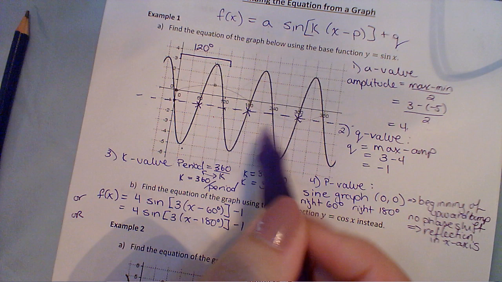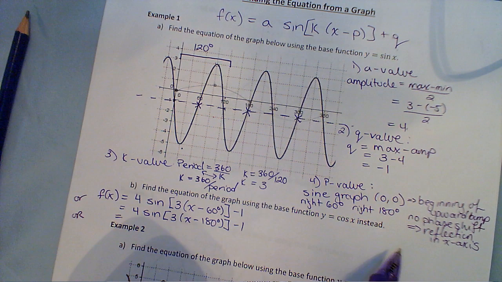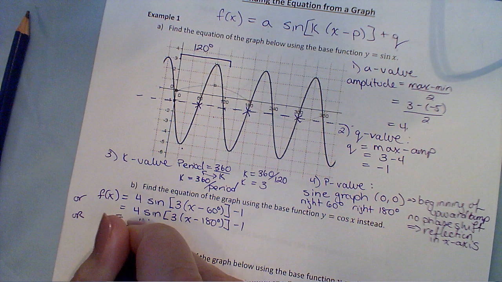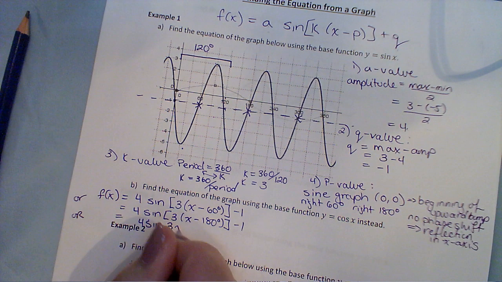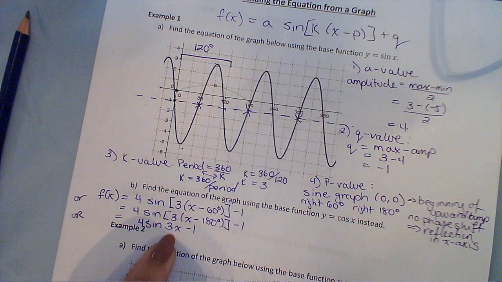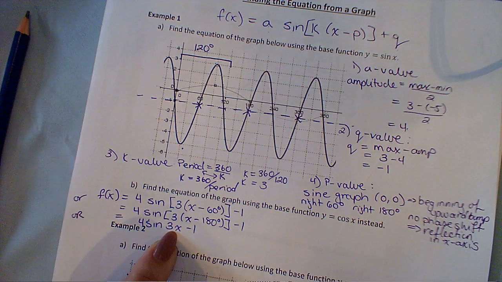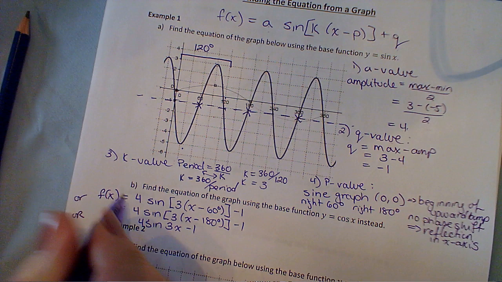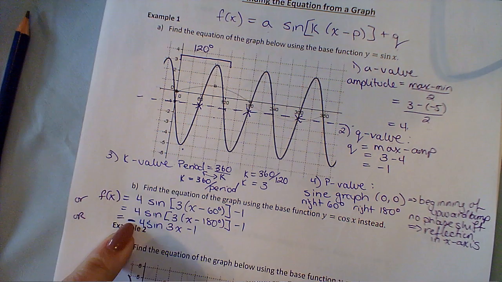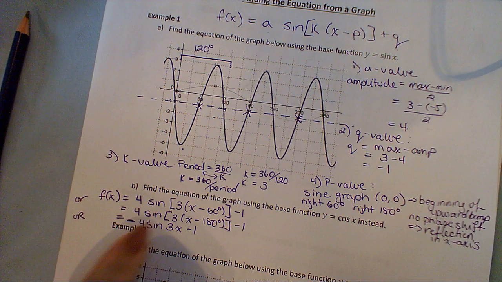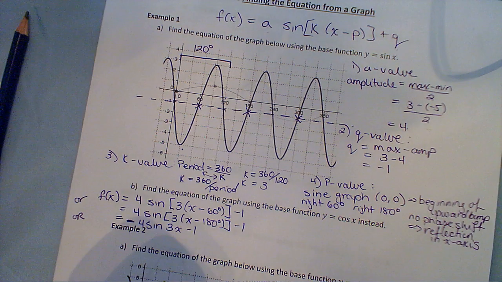So if we choose no phase shift, so 4 sine 3x - 1, no p-value, in other words, we have to remember to put a minus to show that it's going to go down first instead of up first. Okay, so obviously multiple right answers.